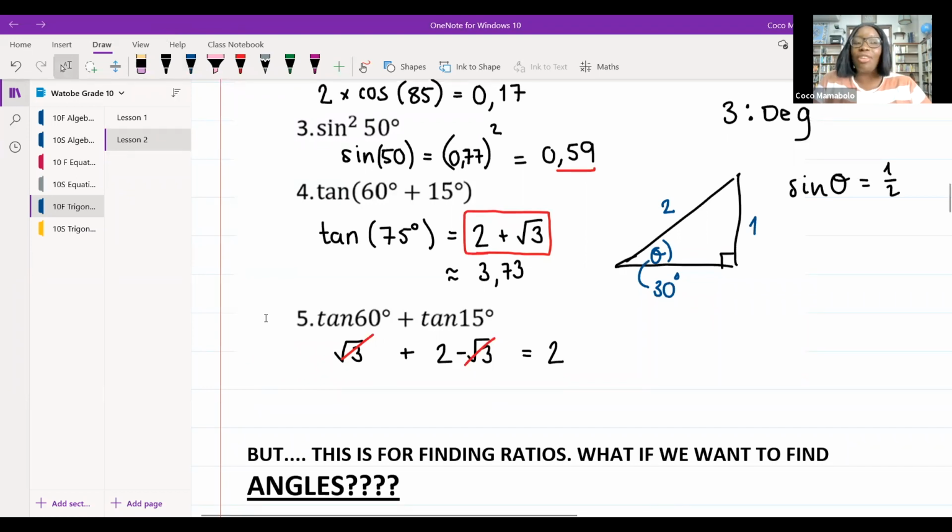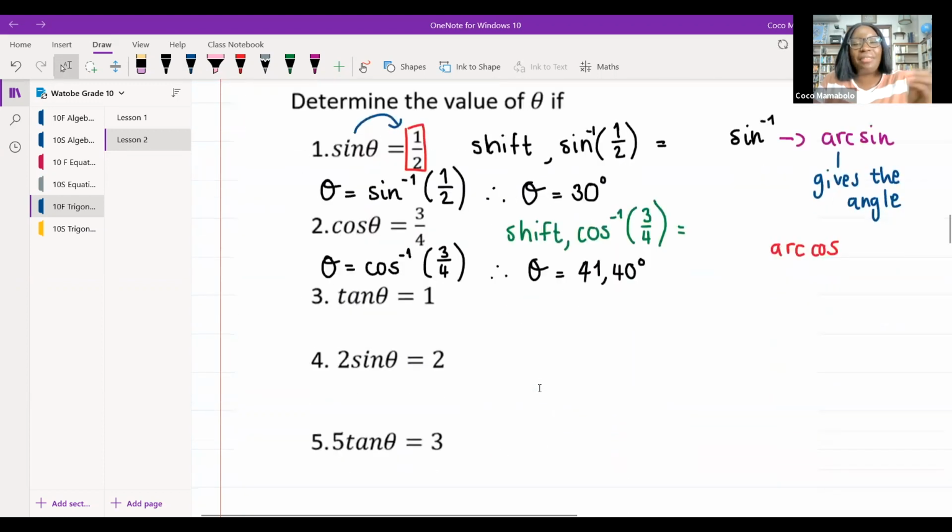Shaden says, let me tell you, I hate rounding off. That's why we don't leave things in decimal form. I know it's difficult. The same thing I just explained, this cos inverse of 3 over 4, this is what my calculator is doing. It's going, okay, this is my angle theta.